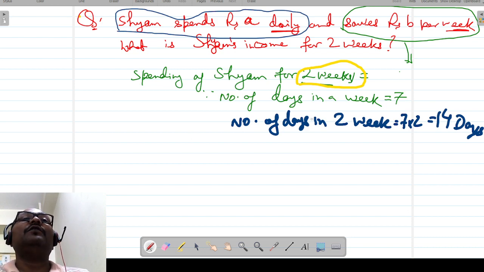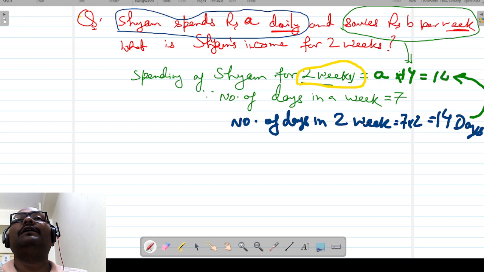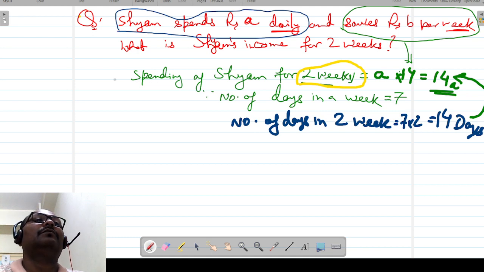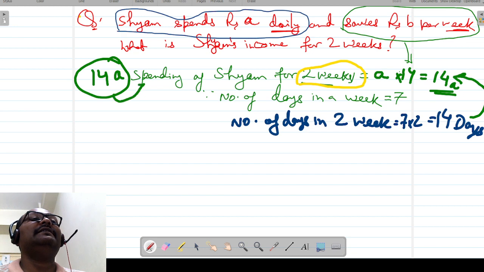So, spending of Shyam for 2 weeks, what will be that? 2 weeks means rupees a daily into 14 equal to 14a will be the amount which he spends. And write it over here. 14a is his spending, right? What is his saving? Let's come to that.